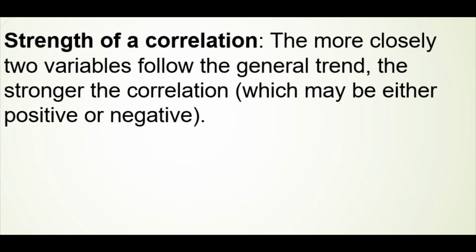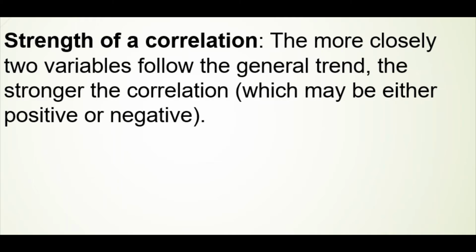And finally, the strength of a correlation. The more closely two variables follow the general trend, the stronger the correlation, which may be either positive or negative. Of course, it's possible that there's no correlation between the two variables. If you did a scatter plot with no correlation, you would see that there's no general trend.